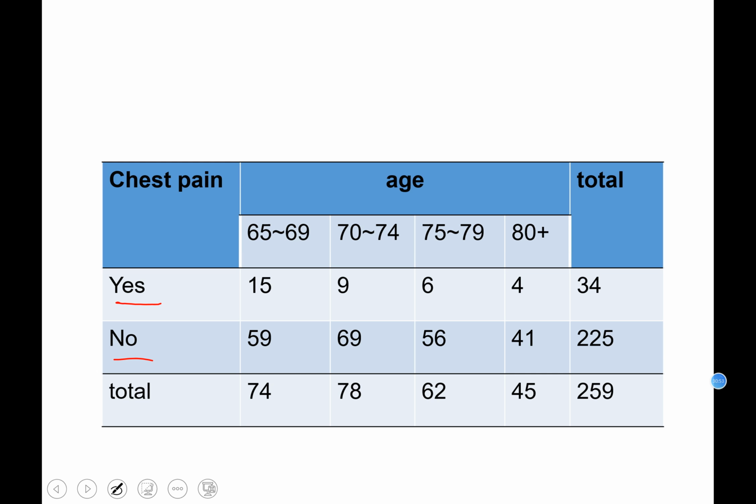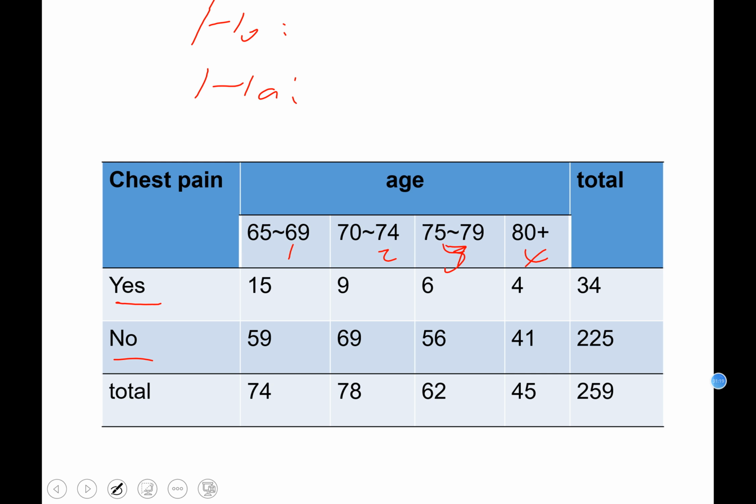And this is still a question about chi-square test, and we just follow the general procedure of chi-square test. But the most important thing in step 1 is H0 and HA. Don't forget that in H0, we have 4 age groups.